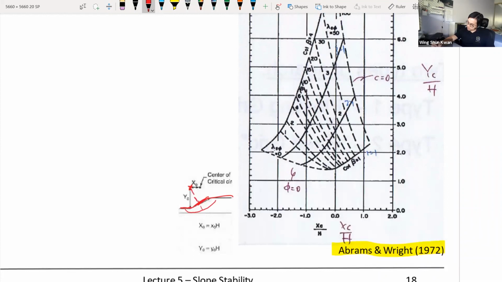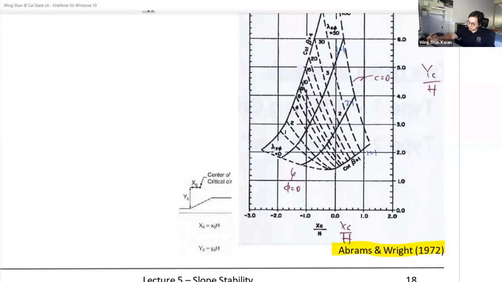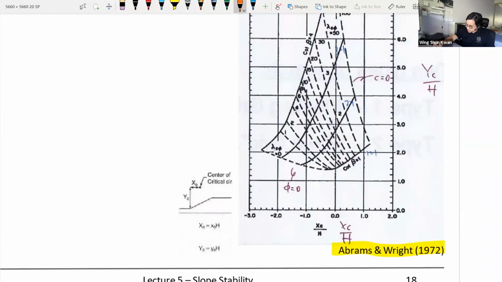So you define the circles. The circles. So this is the toe of the slip circles.